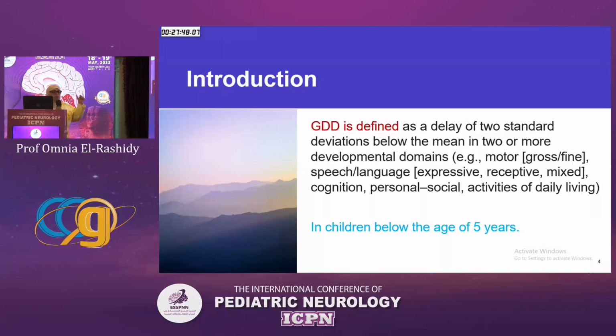The main domains include motor, which includes both gross and fine movement, language and speech, cognition, and personal and social adaptive behavior, in children below 5 years. Below 5 years, not after.